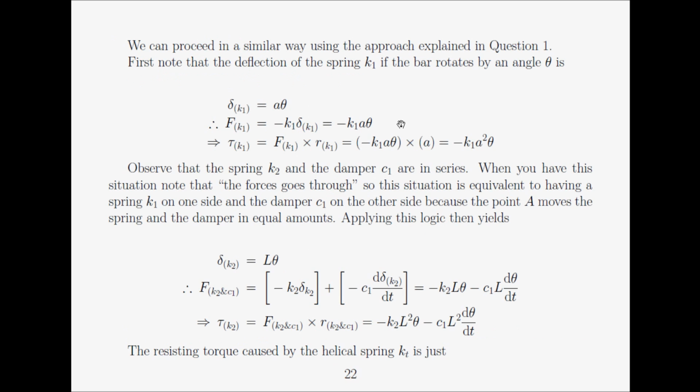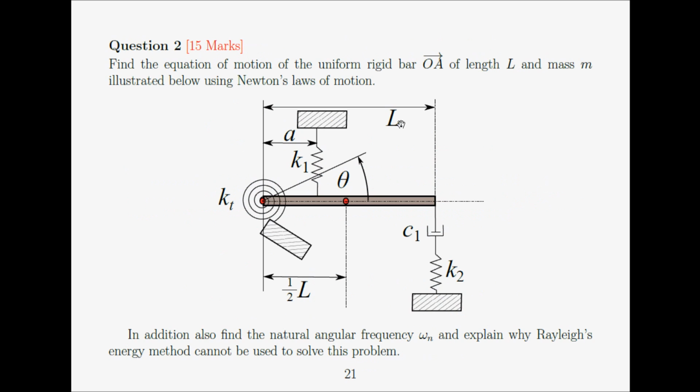However, we have also in this particular part of the rod a damper. So, in a similar way to the first problem, when there is a force, we can assume in inverted commas the force goes through the spring and the damper.